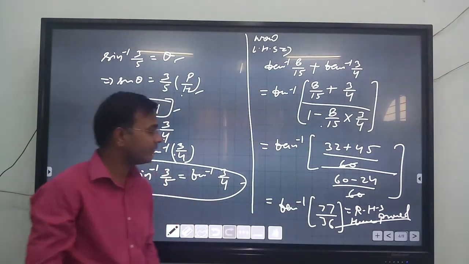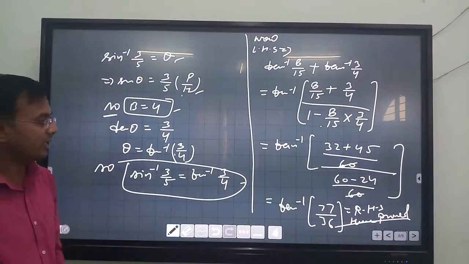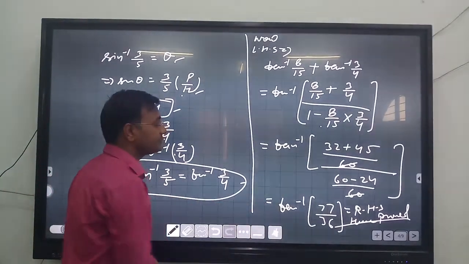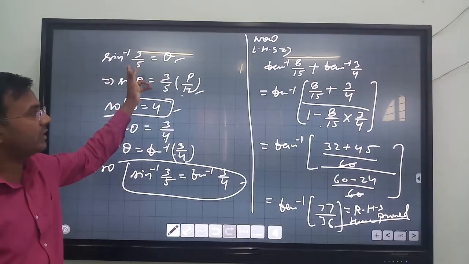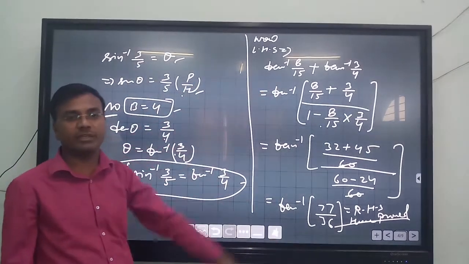And this is the correct result, the right hand side. So convert sin into tan on the left hand side, then proceed with this identity.